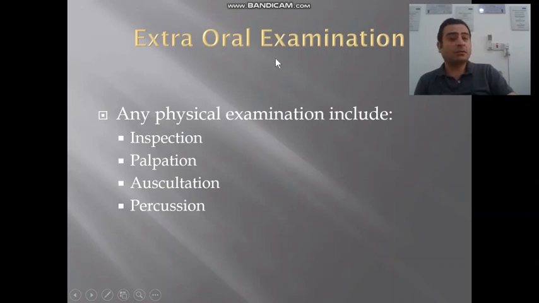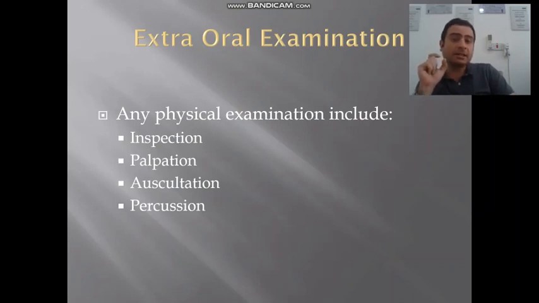Starting with the extraoral examination. The extraoral examination is part of the patient assessment. We have extraoral examination and intraoral examination. In these slides, we will discuss part of the extraoral examination.